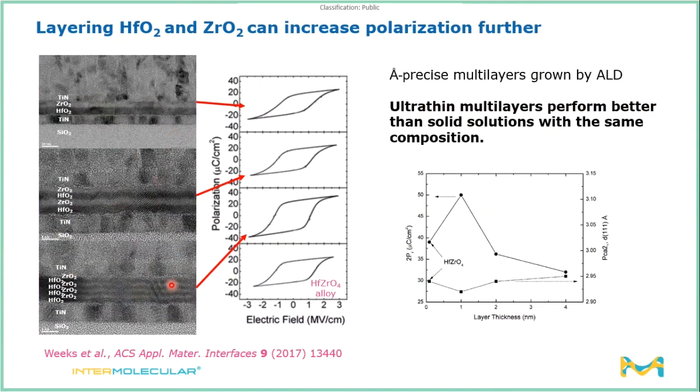And in a study done by my colleague Stephen Weeks, he found that using this approach, the system that actually has alternating 1 nanometer layers of hafnium and zirconium oxide with the zirconium oxide on top of the hafnium oxide as deposited actually has a larger remnant polarization than what you get out of the fully blended film, out of making intimately blended mixes of hafnium and zirconium oxide together.